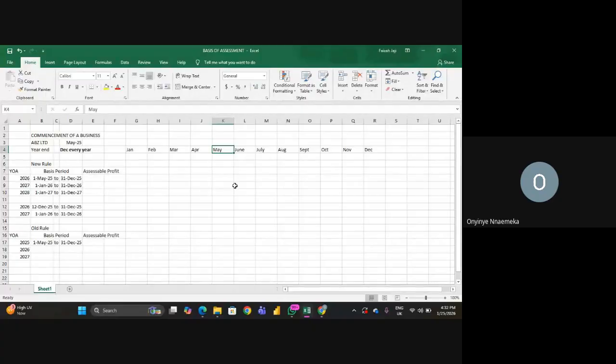We have 1, 2, 3, 4, 5, 6, 7, 8, 9, 10, 11, 12, which means that's the 12th calendar month. So our second year of assessment is now going to be 1st of May 2025 to, I think, 30th of April 2026. That is the basis period.